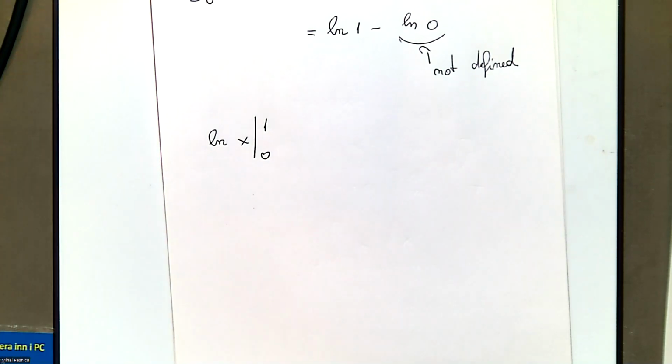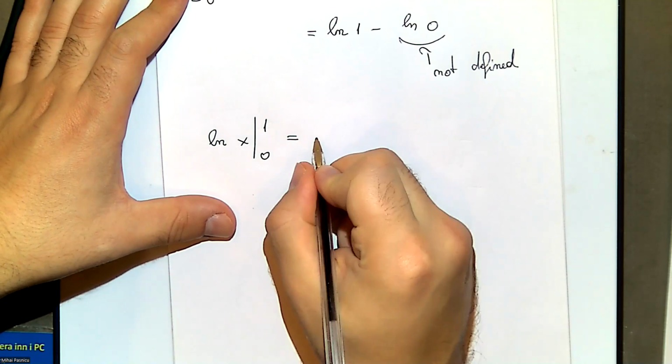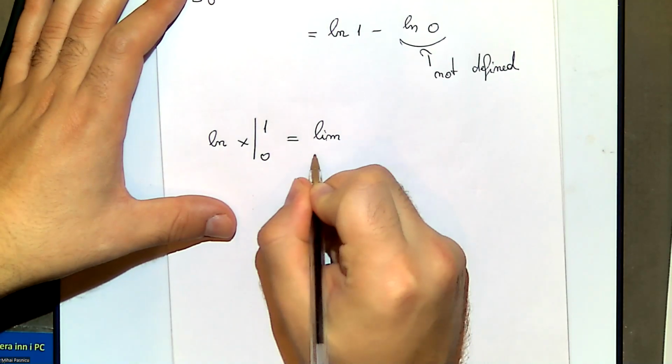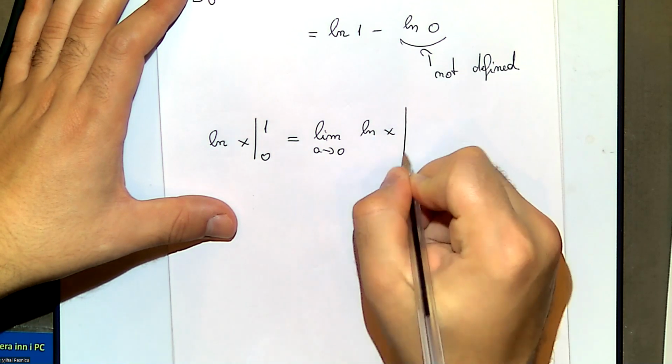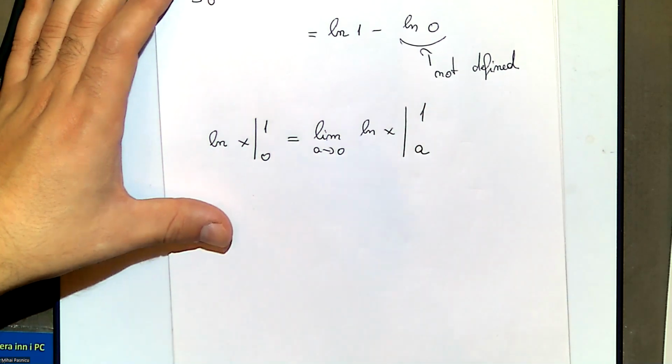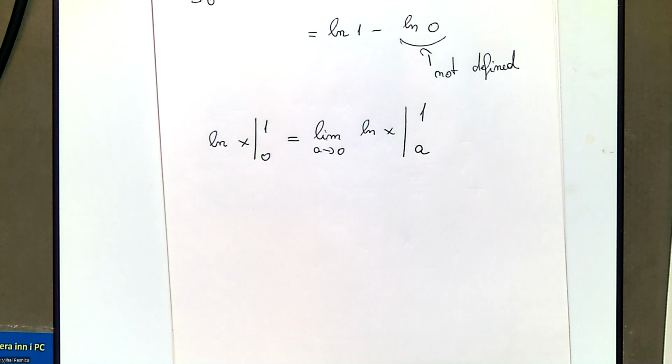It just doesn't work, ln of 0 is not defined, so it's impossible to compute. But what I'm going to do is compute the limit as a goes to 0 of ln of x from a to 1. We're basically just replacing the bad values with the limit that goes to them. This is all that improper integrals are.